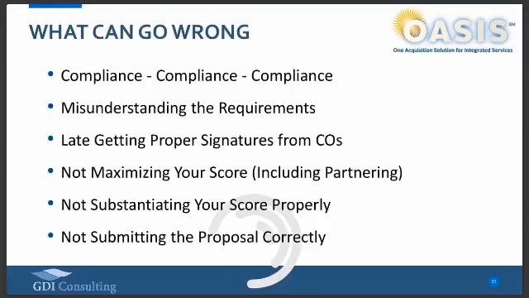Another issue is not maximizing your score, including proper partnering. We have seen many companies who did not maximize their score, whereas they really could. First of all, they didn't pick the right contracts. Say they have 10 contracts and they have to pick 5 of them.